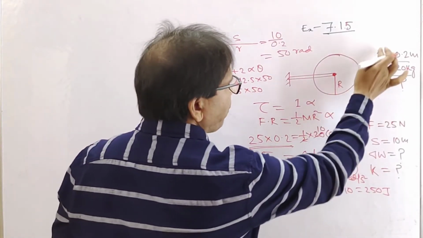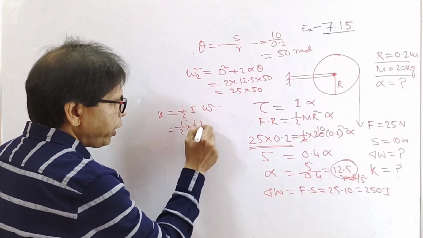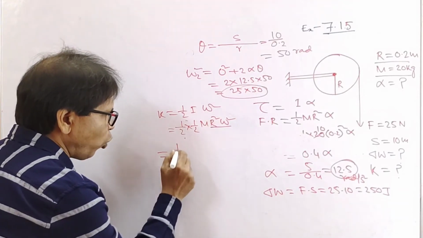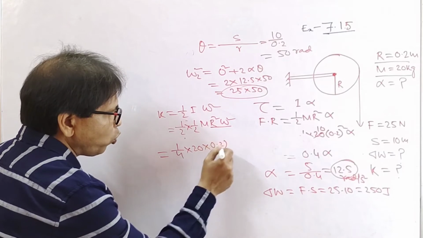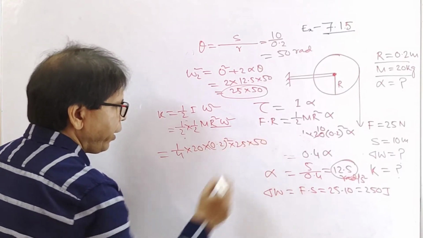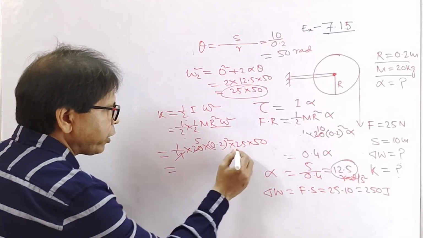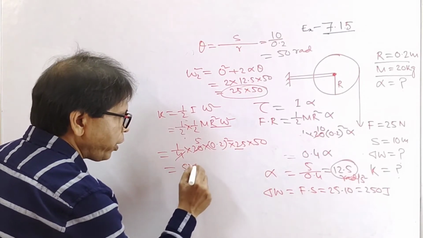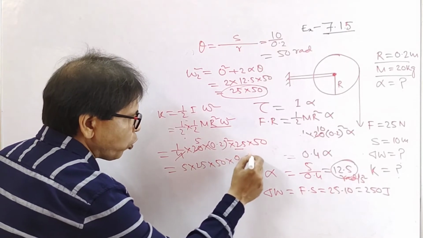Now I equal to half M r square, so this is half into capital M r square into omega square. This is 1 by 4 into 20 into 0.2 whole square into 25 into 50. So this is 5 into 25 into 50 into 0.04.